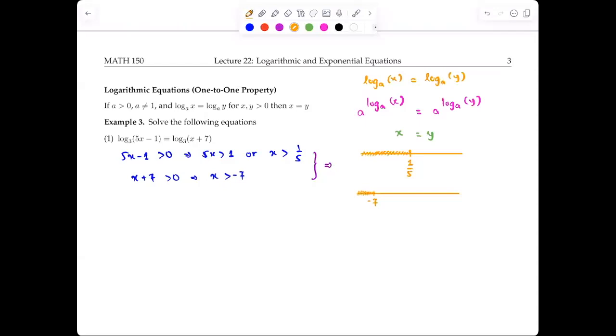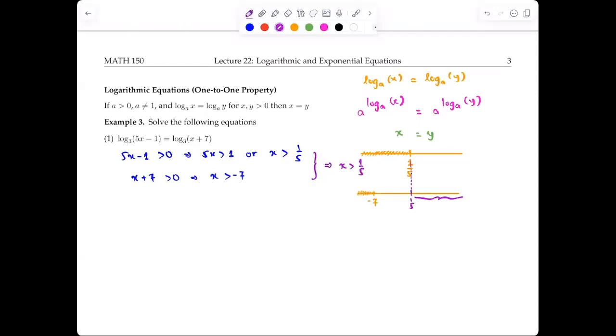Now, what is the intersection of these two domains on the two lines? That gives you an interval that satisfies both equations. This is 1/5, so you just need this part of the line. The total domain that satisfies the two functions is going to be x greater than 1/5.